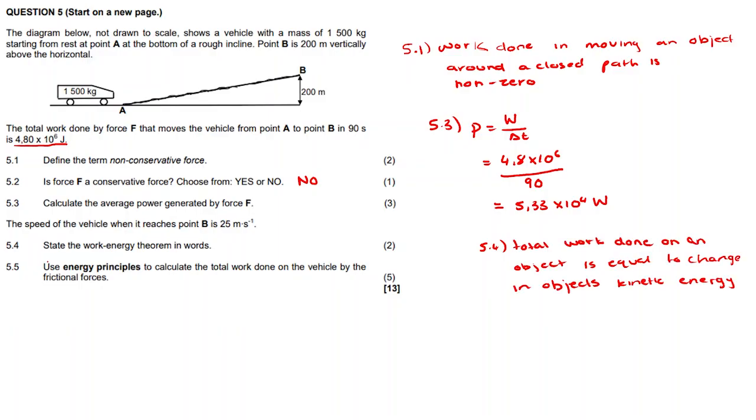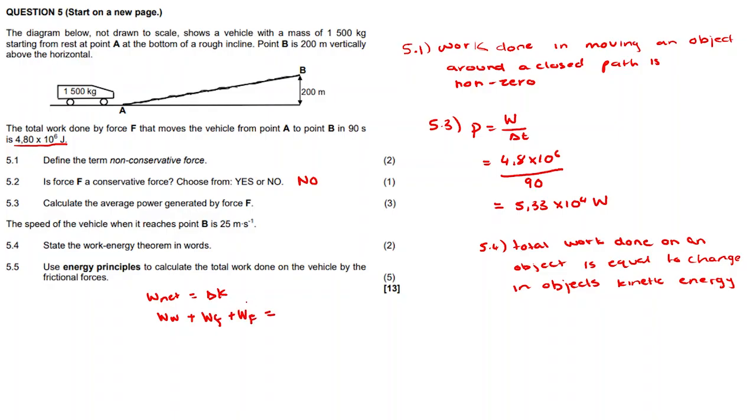Question 5.5. Use energy principles to calculate the total work done on the vehicle by the frictional forces. Since they say use energy principles, we can say that W net is equal to the change in kinetic energy. W net would be the work done by the weight plus the work done by friction plus the work done by the force.